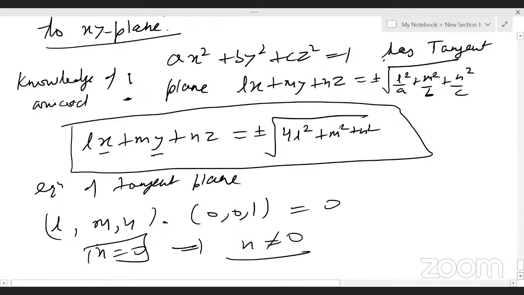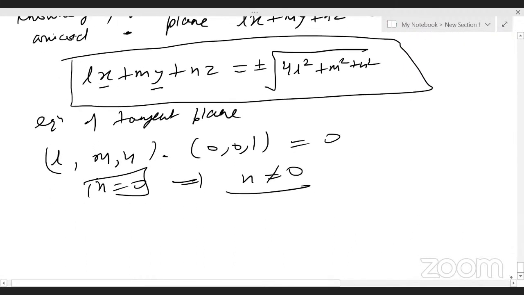This is very important. Because it is not perpendicular to the xy plane, n is not 0 at any cost, because it is not parallel to the axis. Because n cannot be 0, you can divide the whole equation by n.